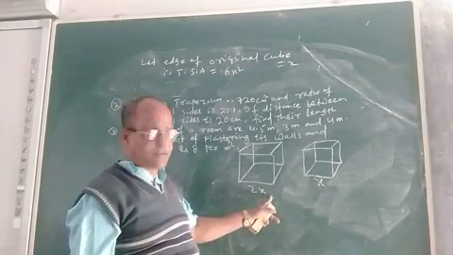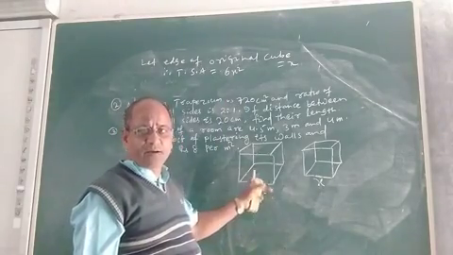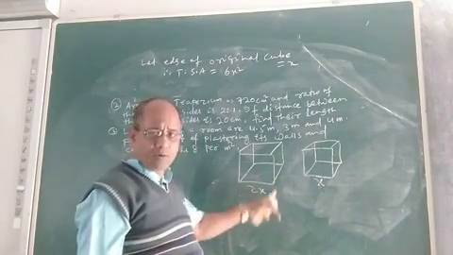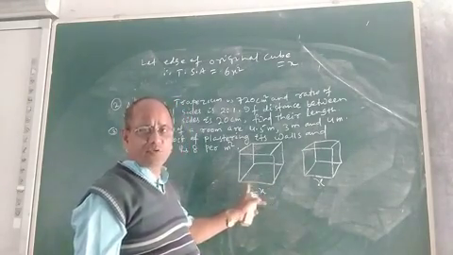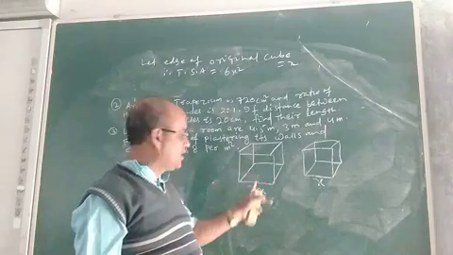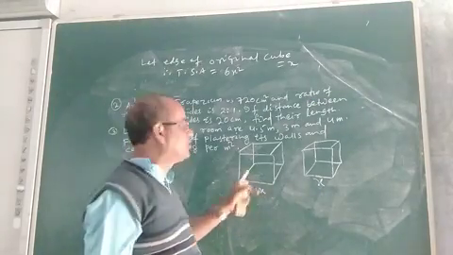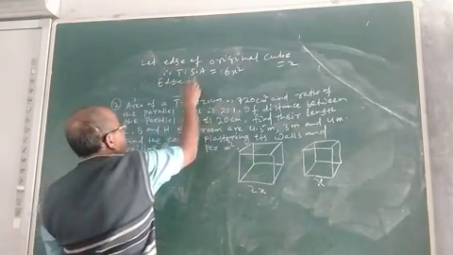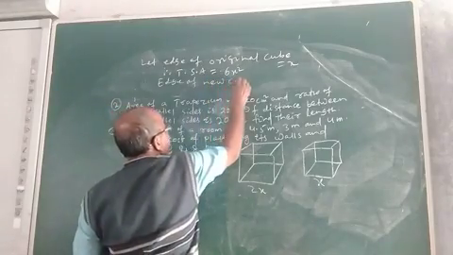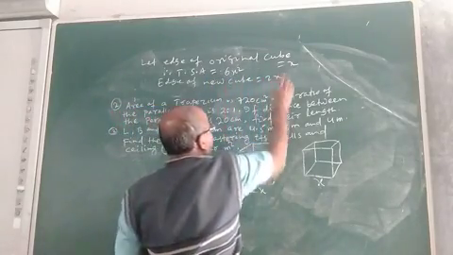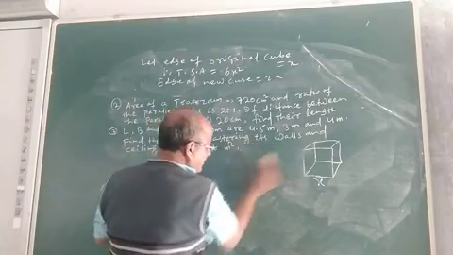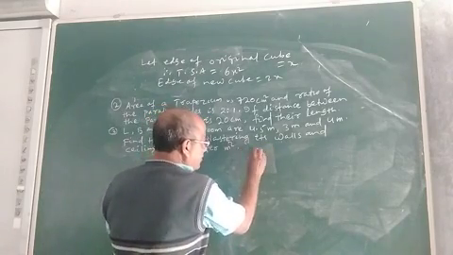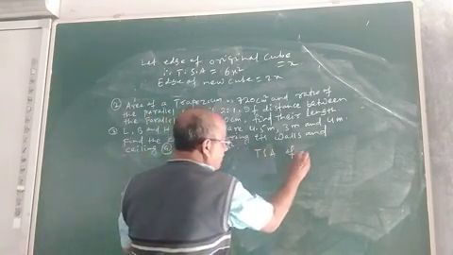Now, in the second case, this cube has been obtained by doubling the edge. And what is the edge of the new cube? It is 2x. So if the edge of the new cube is 2x, then what will be the total surface area of the new cube?